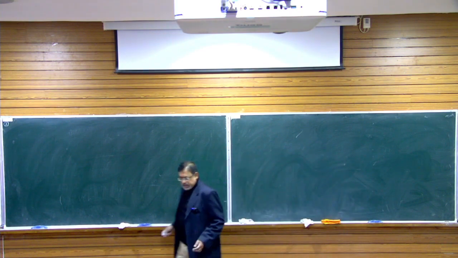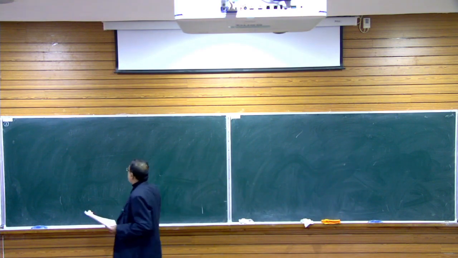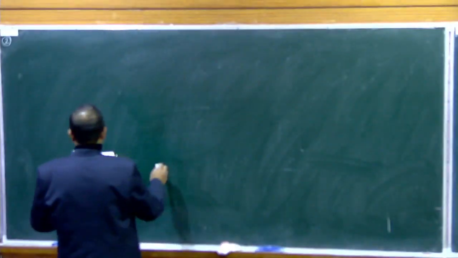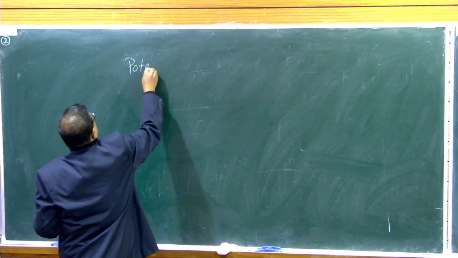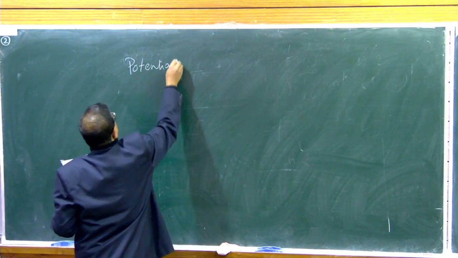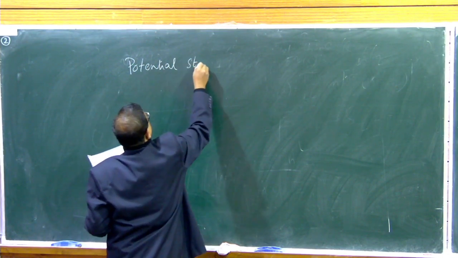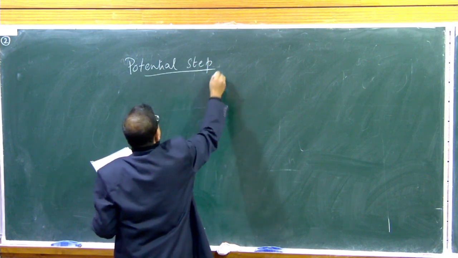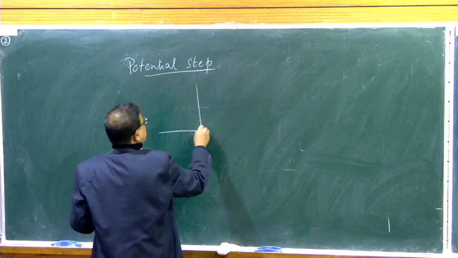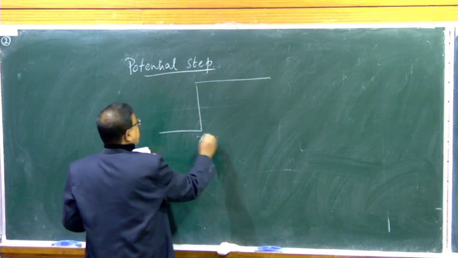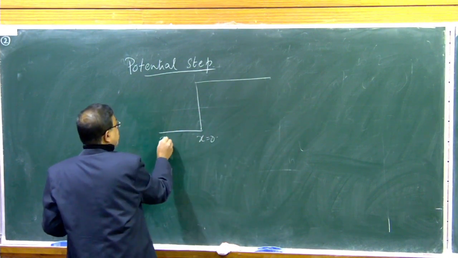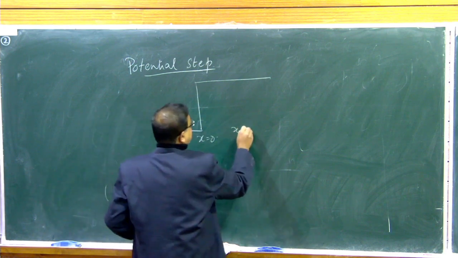All right, so I take a one-dimensional potential, which is called a potential step. It's a step like this that goes on infinitely, and the discontinuity is at x equal to 0. So this is x less than 0, and this is x greater than 0.